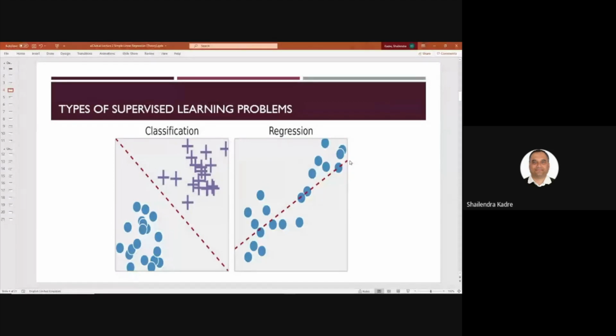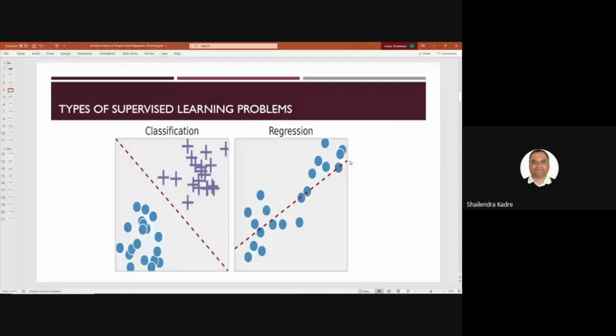Suppose it is a graph between income on the y-axis and time on the x-axis. The line we have fitted is a simple regression line, fitted on these observations, which are our separate data points.